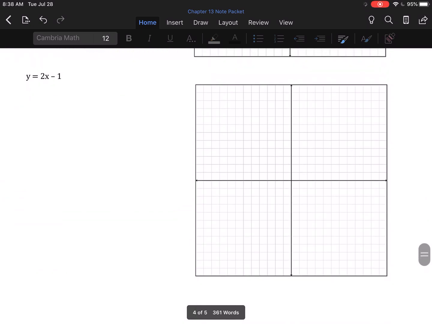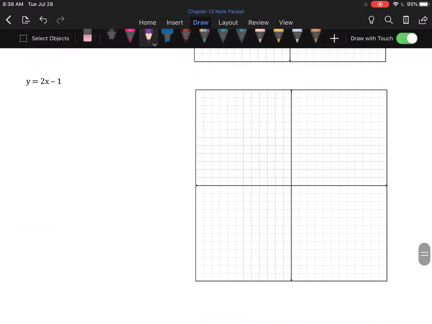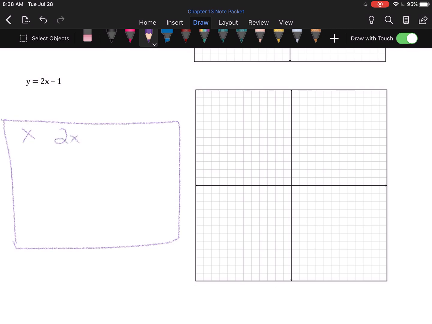We're going to do the same thing one more time with y is equal to -2x minus 1. So remember, big old box. First column is always x. Second column is always whatever y equals. Third column is always y.